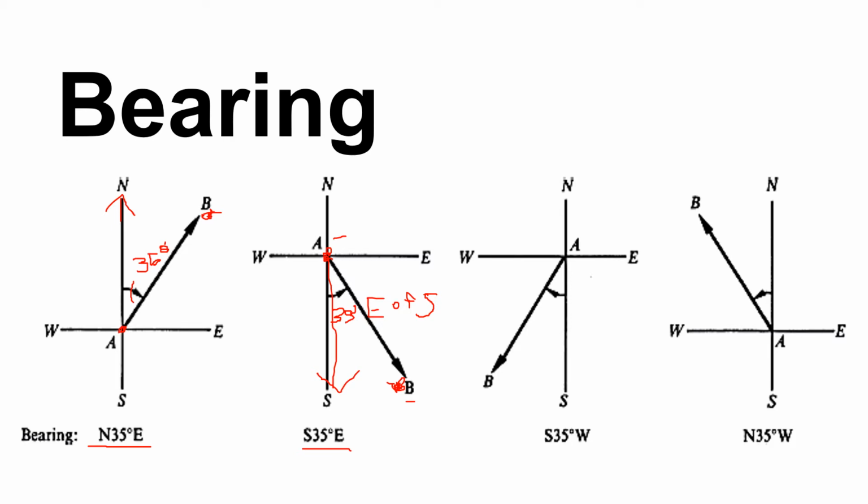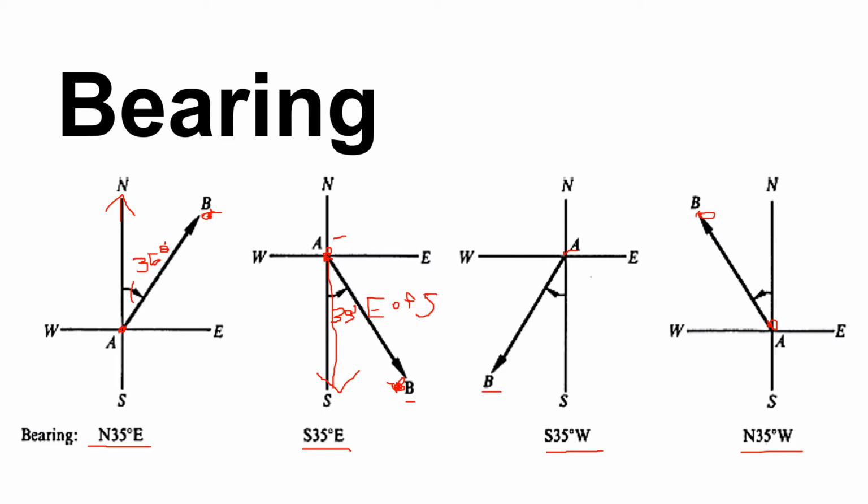Similarly, on this third example, the bearing of B from A is 35 degrees west of south, written as S 35 degrees W. And on this last example, point B from point A has a bearing of 35 degrees west of north.